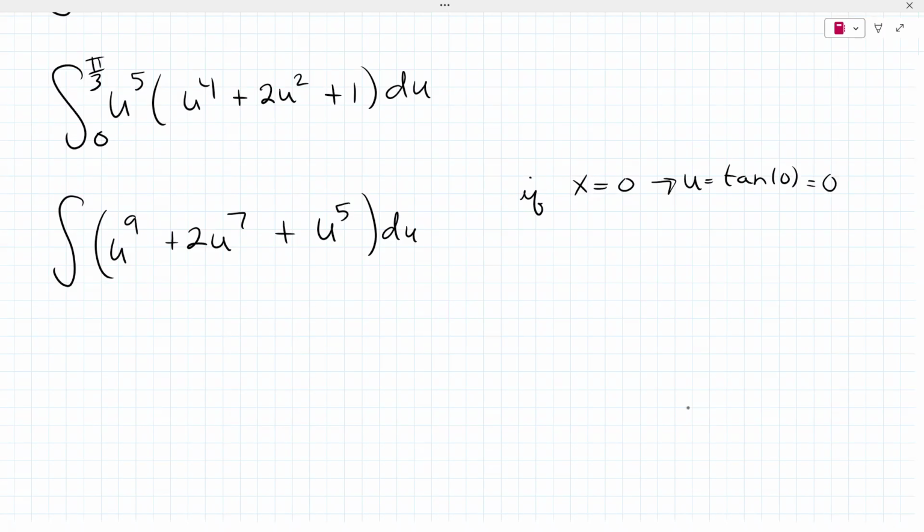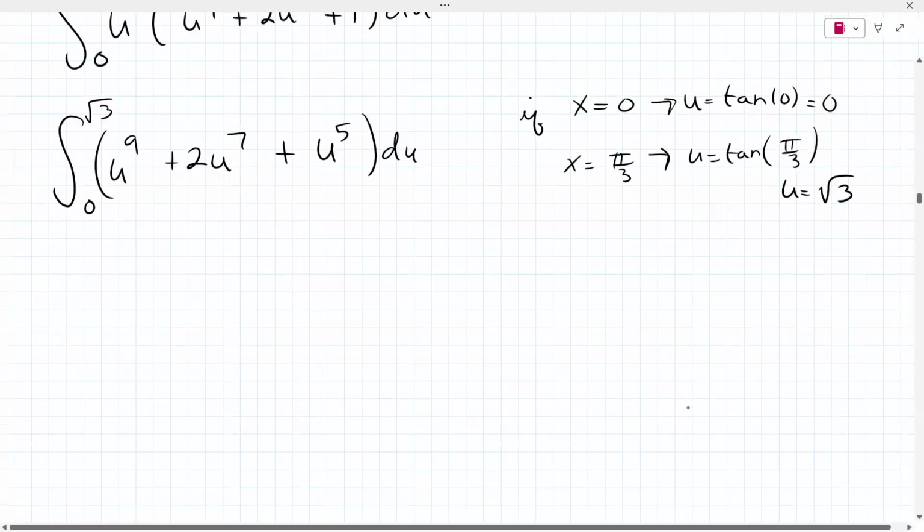And if x equals pi over 3, u is going to be tan of pi over 3, which means that u equals square root of 3. So our lower boundary is 0, and our new upper boundary is radical 3.